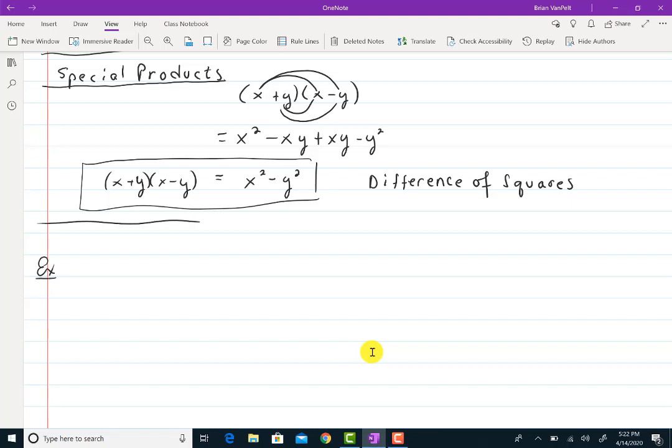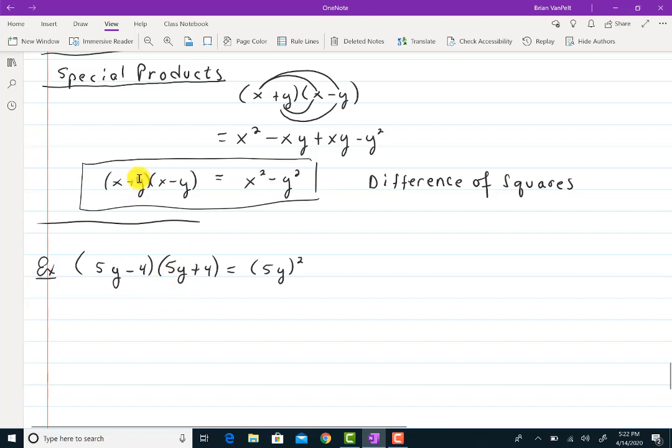Here we have 5y minus 4 times 5y plus 4. And according to the rule I just developed, 5y is playing the role of x in that rule. So look at this rule up here. Whatever comes first, you have that thing squared. So 5y comes first in each piece.